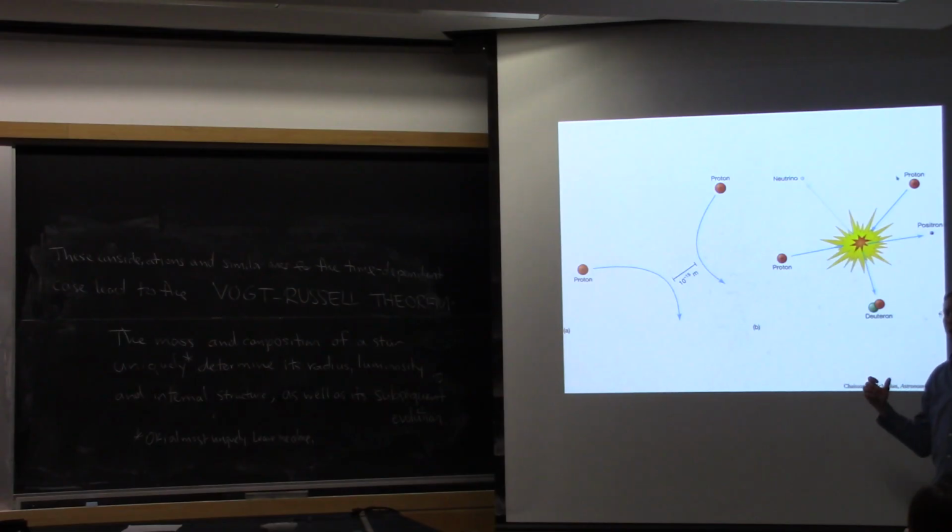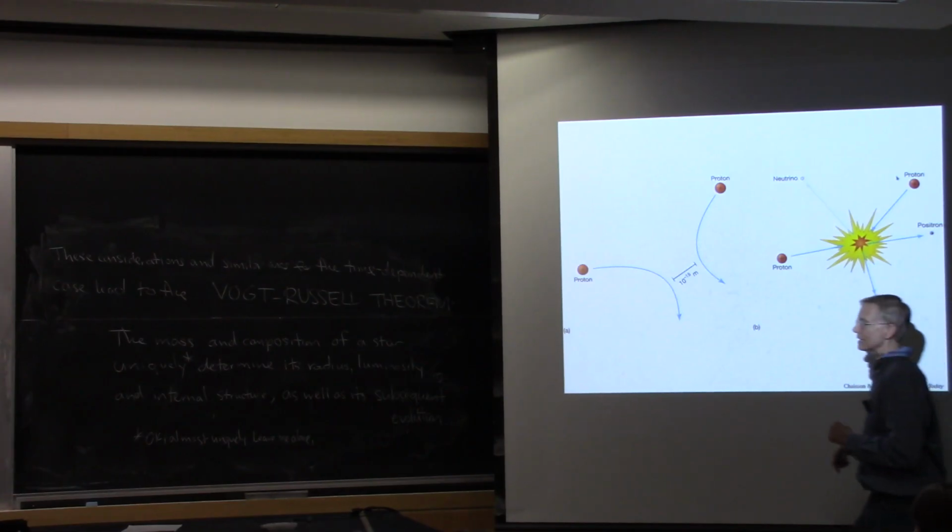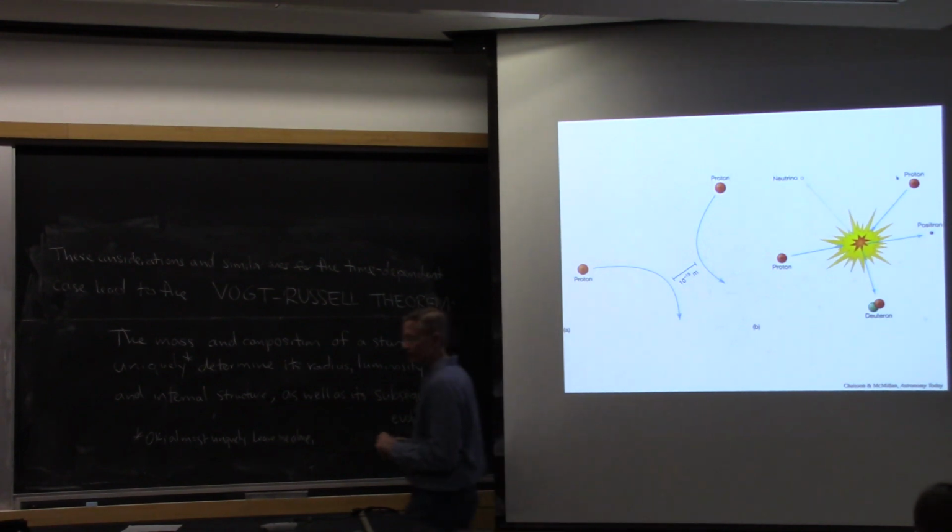What property of a substance tells you how fast the microscopic particles are moving around? Why, that's its temperature, right? So fusion requires high enough temperatures, is what it comes down to, because things have to be moving fast enough to overcome their electrical repulsion and fuse. And what happens is that one of the protons turns into a neutron by spitting out a positron and a neutrino.